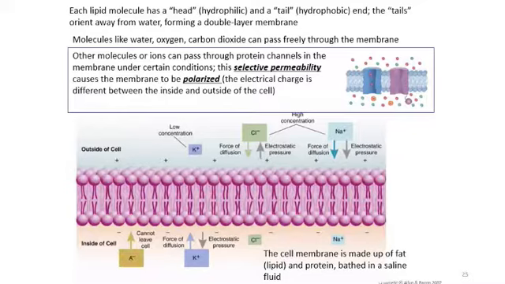Not only does it want to go from a higher concentration outside the cell to a lower concentration inside the cell to equalize the concentration, but it also is being pushed in because the positively charged sodium is being attracted by the negative charge on the inside. So these relative forces of electrostatic pressure and diffusion are operating to keep certain ions outside the cell and certain ions on the inside of the cell.